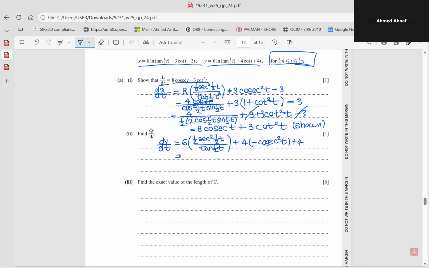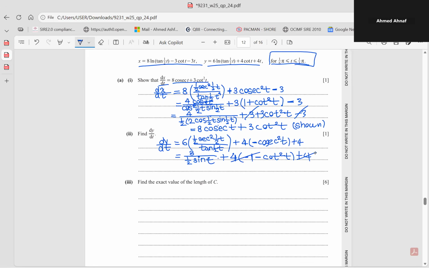So this is going to be 3 over half sine t, 3 half sine t, and this is going to be minus 1 minus cotangent square t plus 4.